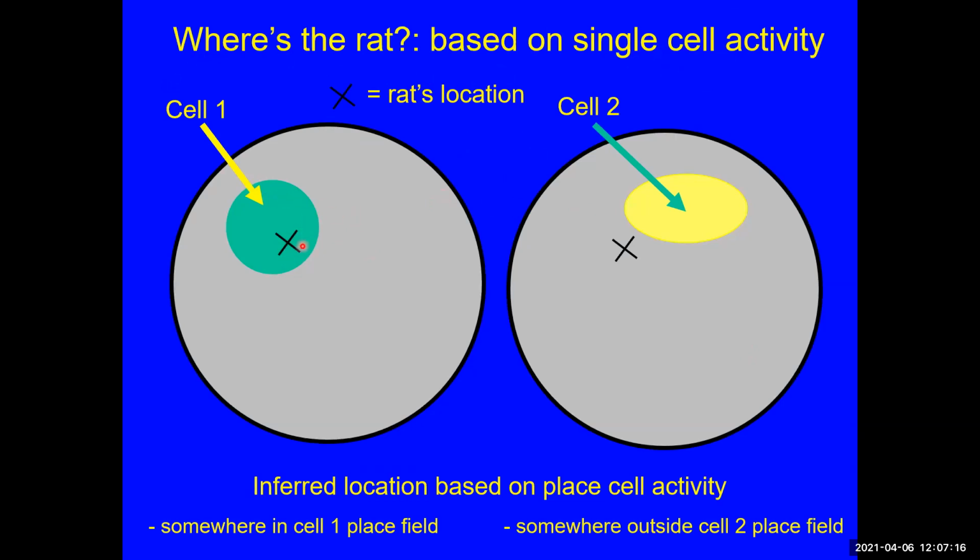If the rat really is here at the X, you can think about cell 1 firing at a fairly high rate, and cell 2 shouldn't be firing hardly at all, right? So knowing what cell 1 and cell 2 are doing in terms of firing action potentials gives us more information to answer the question, where is the rat, based on the activity of these two cells.